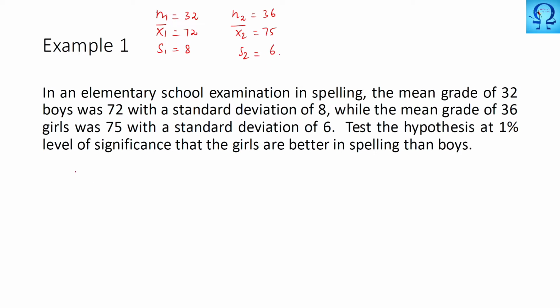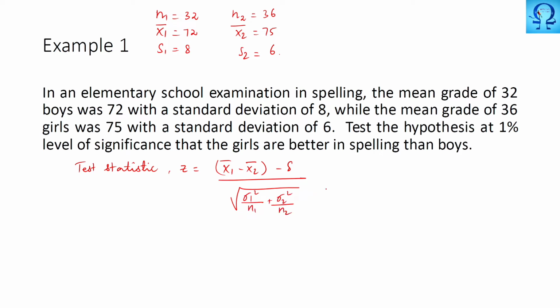Now what is our test statistic? Test statistic z is given by x1 bar minus x2 bar minus delta upon under root sigma 1 square upon n1 plus sigma 2 square upon n2. And we know this value 72 minus 75. And what is this delta value? This should be varying to a certain extent.